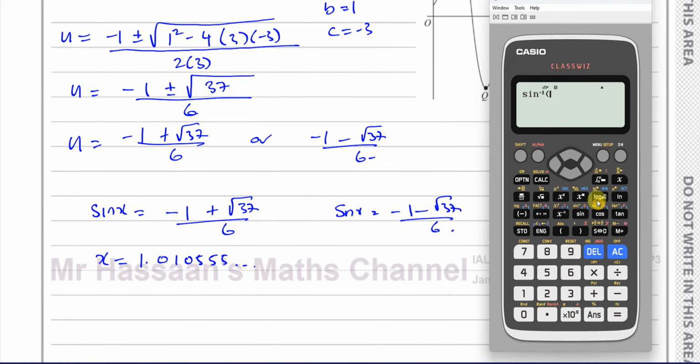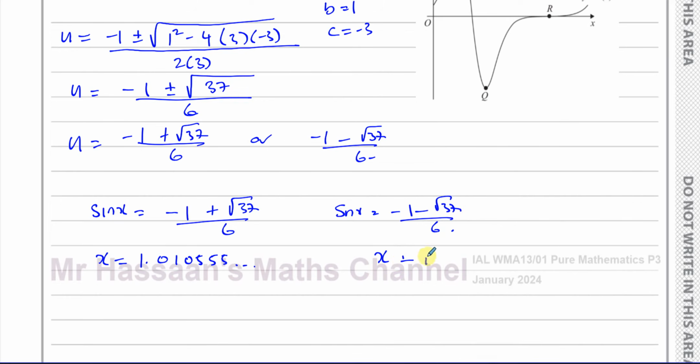I think this is going to give us something that might not give any answers because its value might be less than -1. Yes, you see that this value is something less than -1. And the sine curve can only have values between -1 and +1. So this is out of the range of the sine curve, so there will be no solution to this. There will be no value of x that gives you this. So here we have no solution.